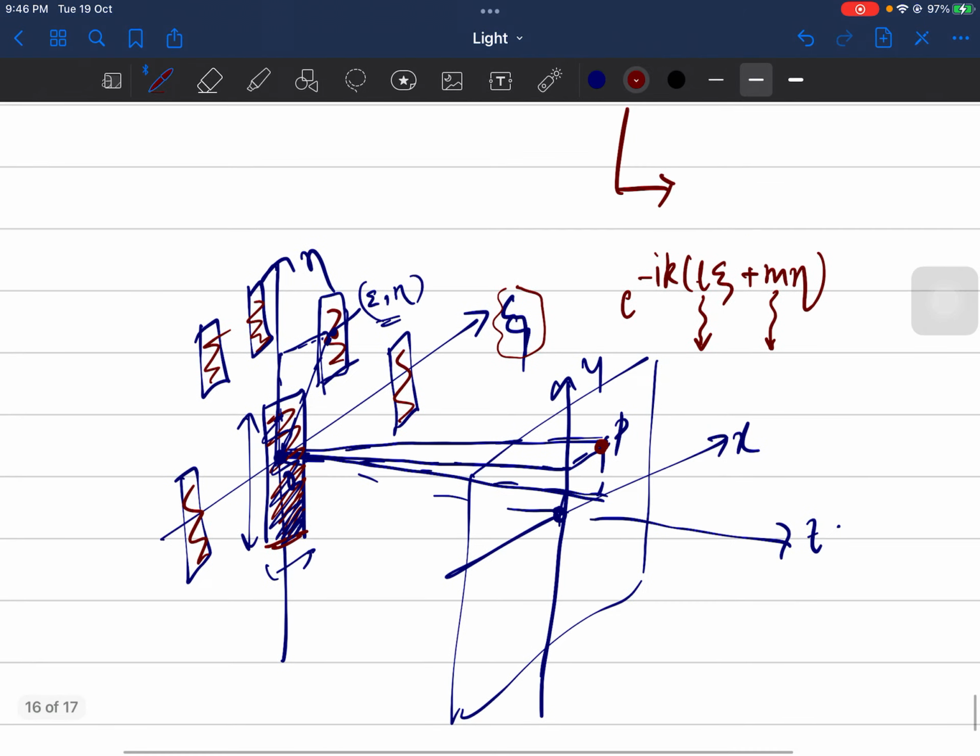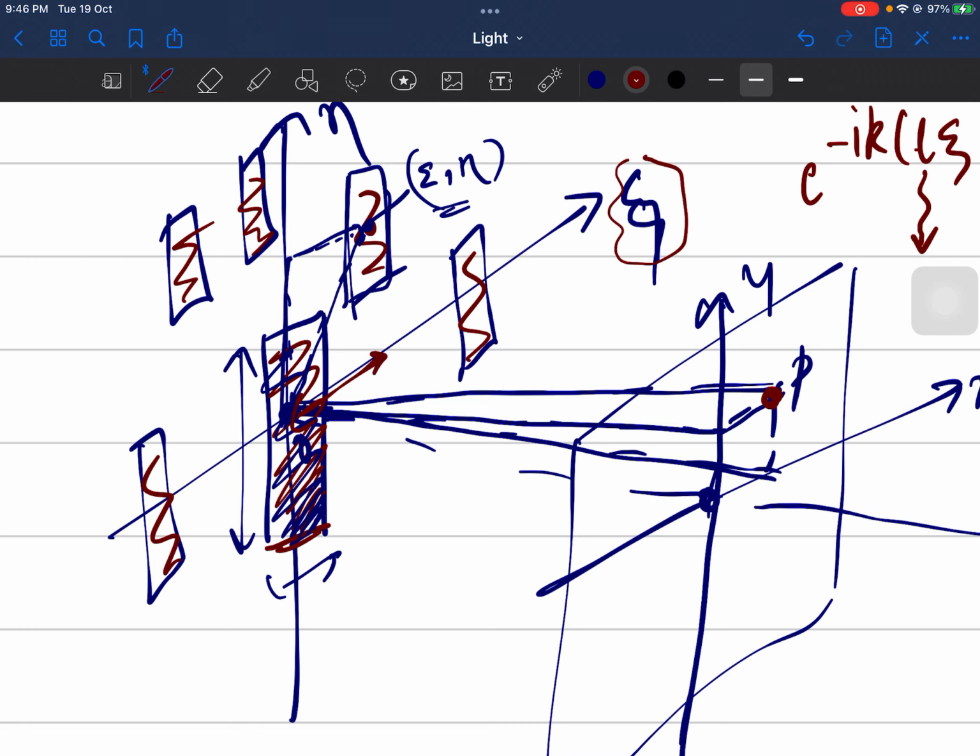See, you just imagine this. This is xi n. If you think this is xi, you think this as xi prime from here, something like that. You do this.